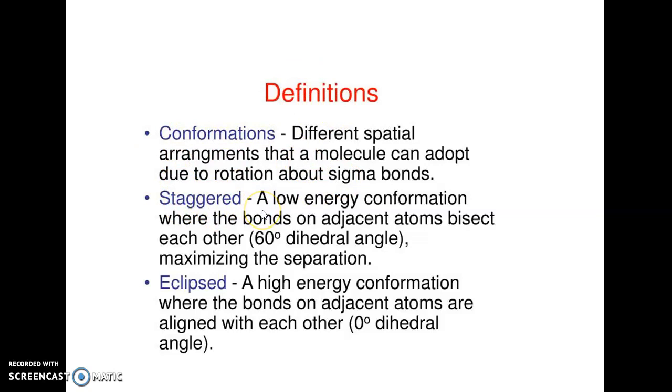The staggered conformation is the lowest energy conformation, wherein the bonds of adjacent carbon atoms are at a 60 degree dihedral angle, maximizing the separation, meaning they are mostly separable. The eclipsed conformation is the highest energy conformation, wherein the bonds of adjacent atoms are aligned at a 0 degree dihedral angle.